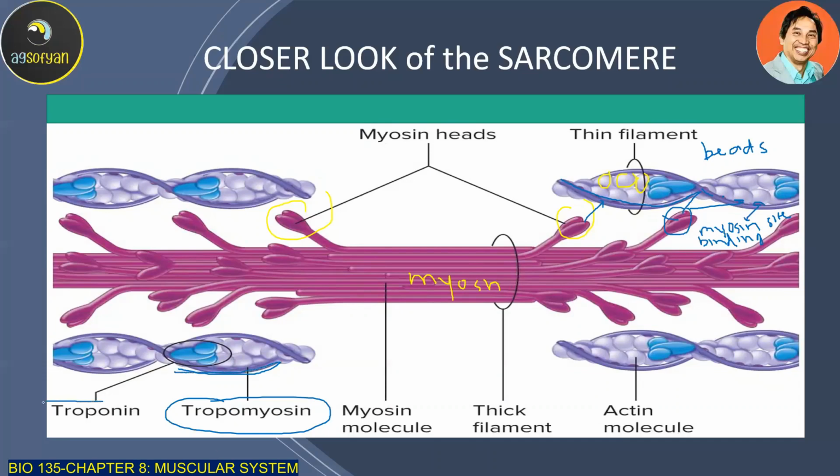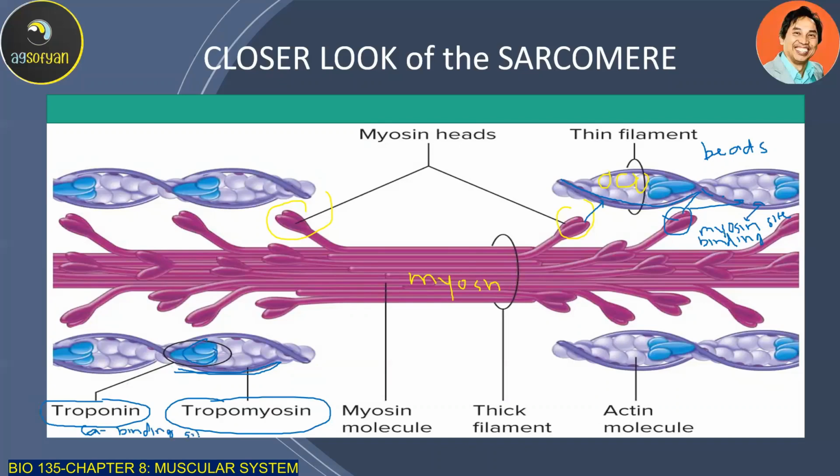There is another protein on the actin complex. It's called troponin, and this troponin has the calcium binding site. So what does that mean?